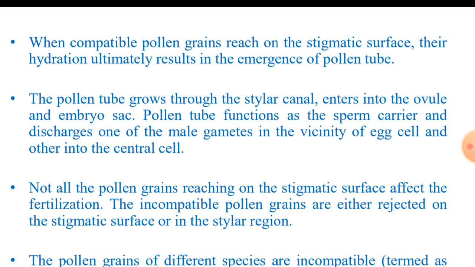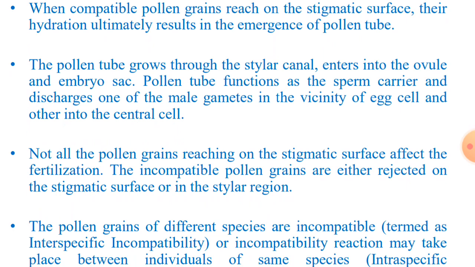That is, the incompatible pollen grains may be inhibited either on the stigmatic surface or in the stylar region. That depends on the type of incompatibility reaction taking place, that is whether it is gametophytic self incompatibility or sporophytic self incompatibility, which we shall discuss later.